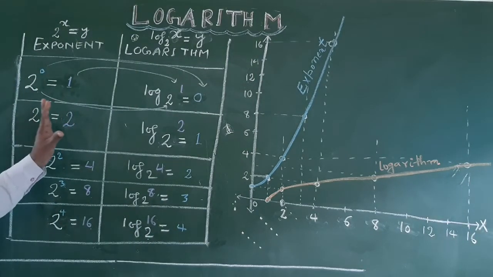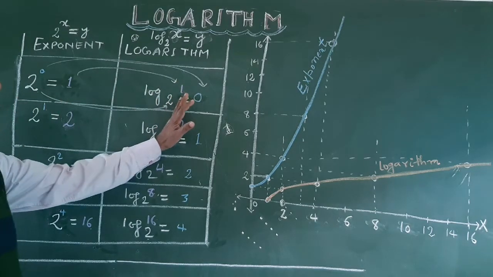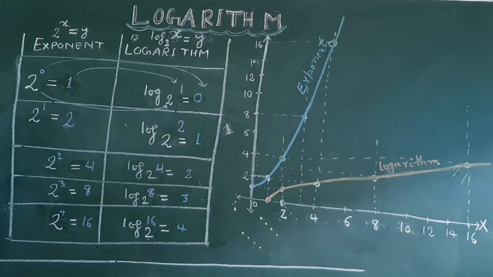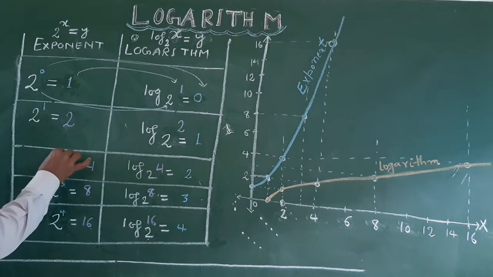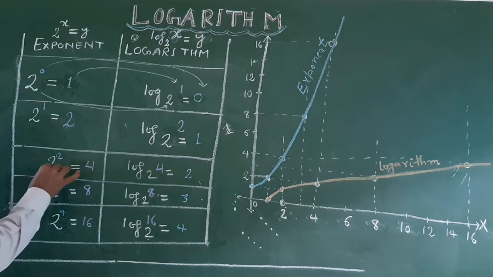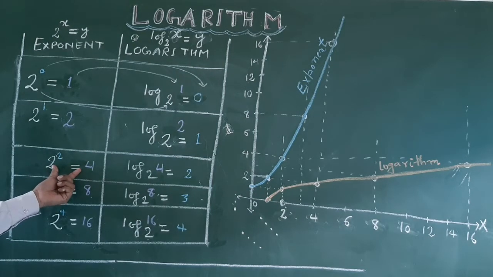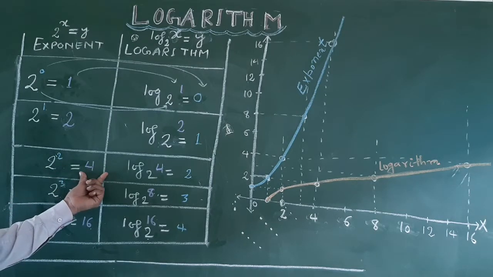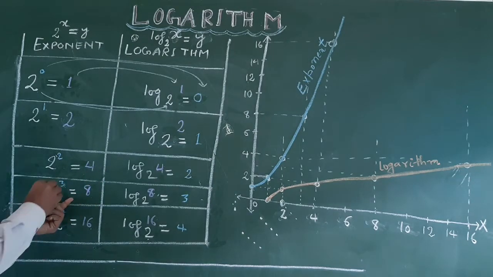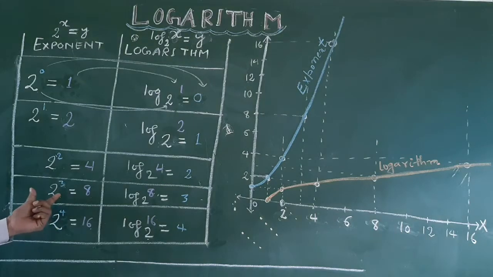What is the basic relation between log and exponent? Take 2 to the power 2. What does it mean? When the base is 2 and the power is 2, we have to multiply the base 2 times. Then we get 4. In the same way, 2 to the power 3 means we multiply the base 3 times, and we get 8.